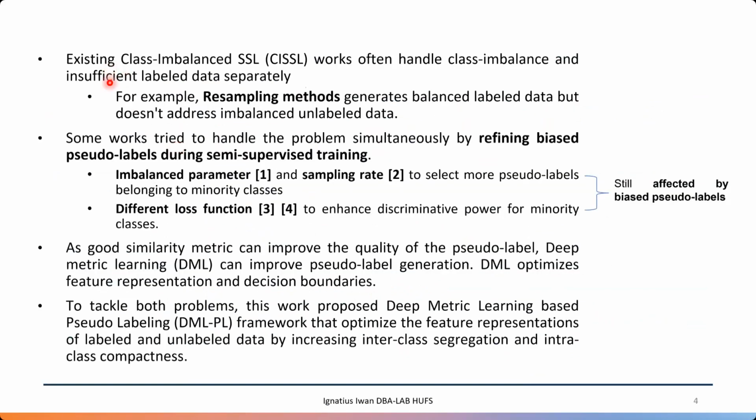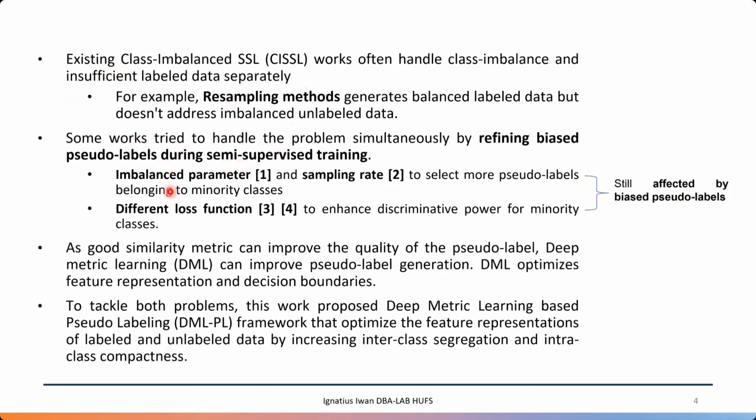The existing works often handle class imbalance and insufficient labeled data separately. For example, there are many resampling methods that try to balance the labeled data quantity, but they don't address the imbalanced unlabeled data. Some works try to handle the problems simultaneously by refining biased pseudo-labels during semi-supervised training.